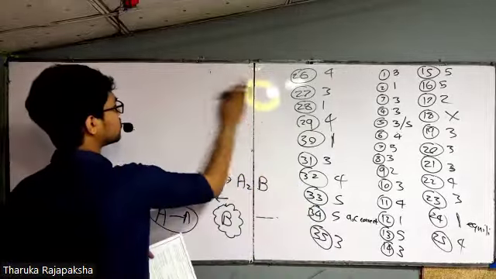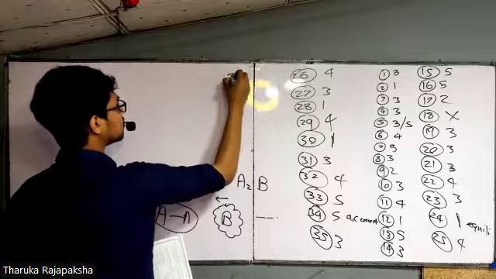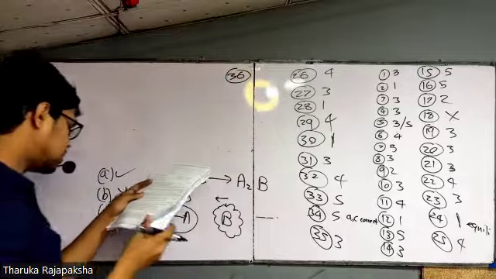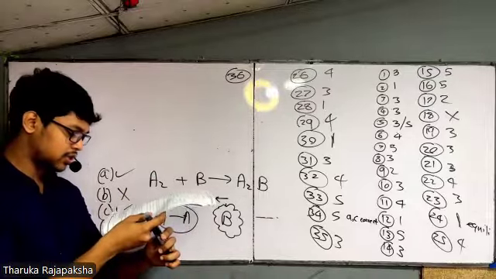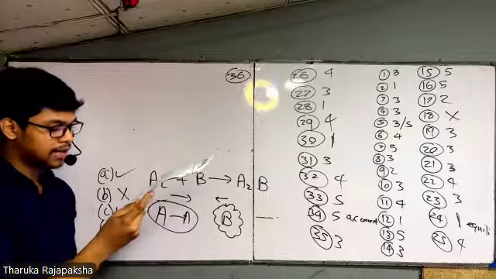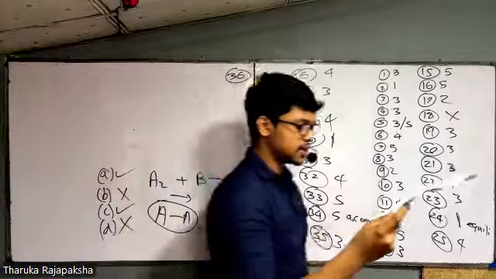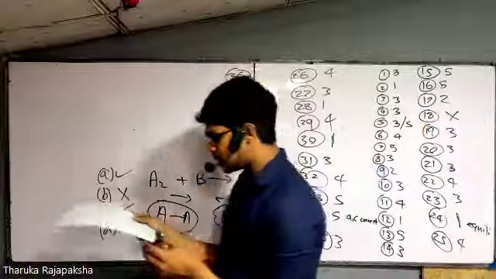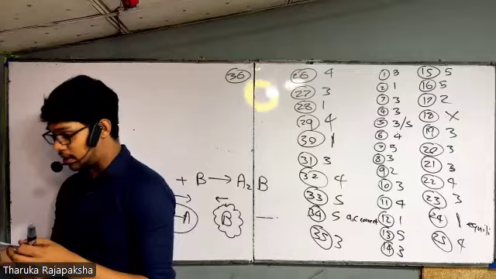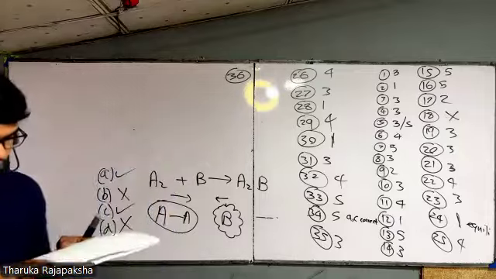36. Which of the following statements is always true regarding rate of an elementary reaction? Rate can be increased by increasing concentration. That is correct. Rate can be increased by removing products. No, that is for equilibrium reactions. That is wrong.